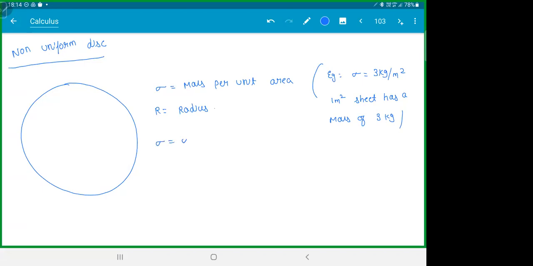Here they are giving you sigma, mass per unit area. Sigma is given by sigma naught into x. X is the radial distance from center. X ka value lies between R and 0. Sigma naught is constant. The question is: find the mass of the disk.